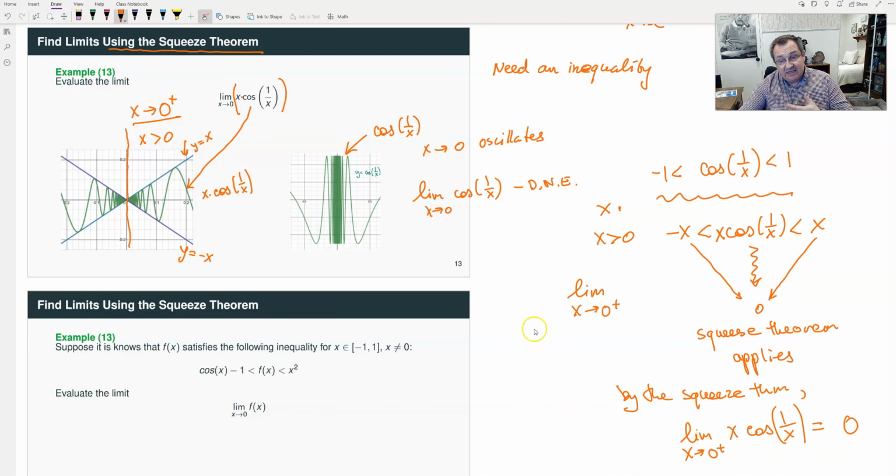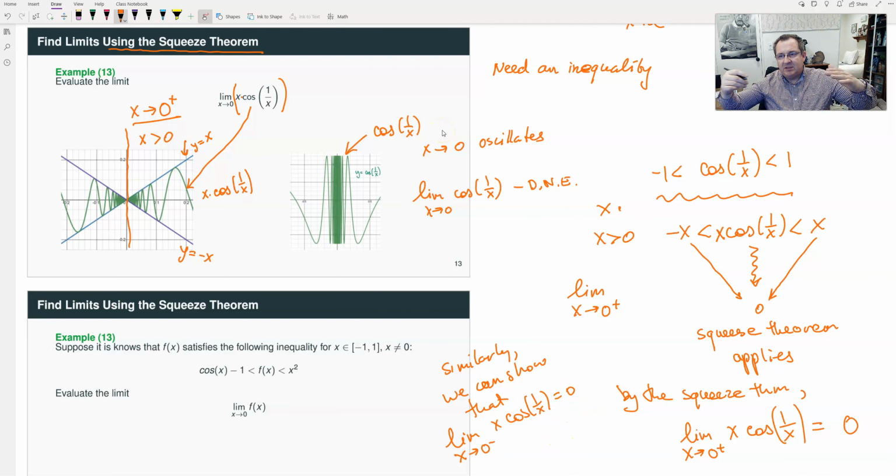Now, in a similar fashion, I will not talk about it here, but we can extrapolate. In a similar fashion, we can show that if we take the limit from the left of x cosine 1 over x, it will also be equal to 0.